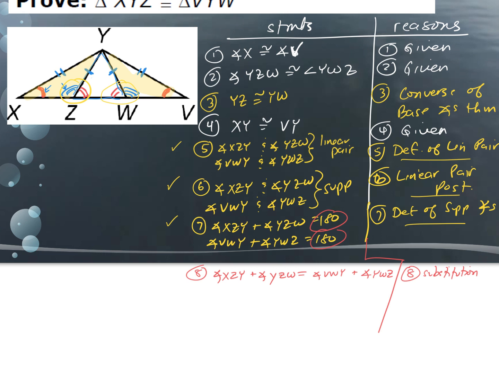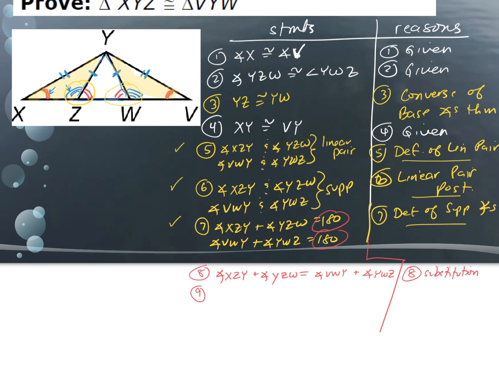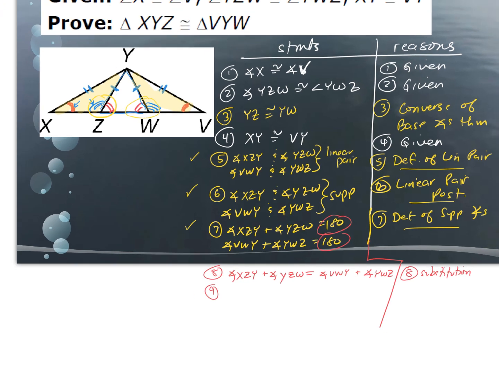Now, again, I'm going to do substitution again, because remember, what I want to get down to is that this angle in blue here, XZY, equals the other triple blue striped angle, which is YWV or VWY. It's this one.